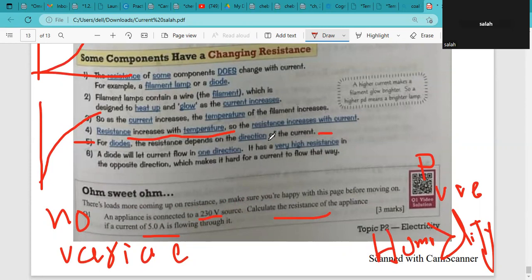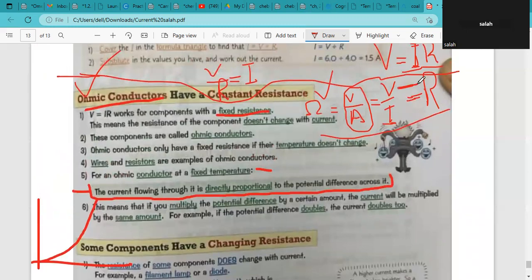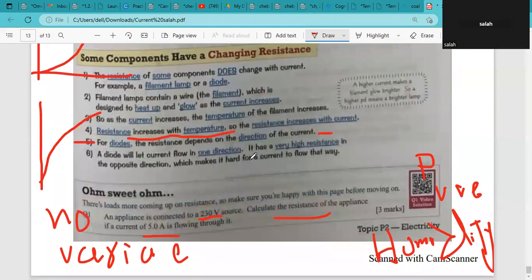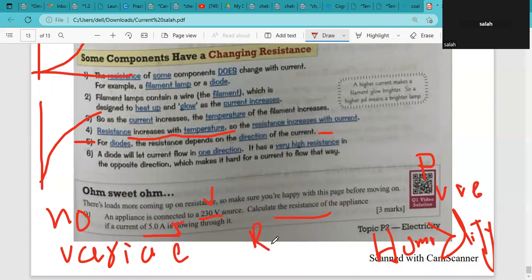Sala, it is V over I. V over I. Oh, okay. This is V. What's the answer?